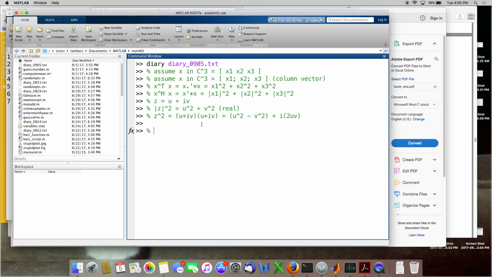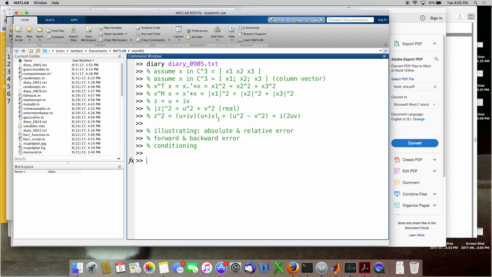What I'm going to focus on is some examples: absolute and relative error, and also forward and backward error, and also conditioning.